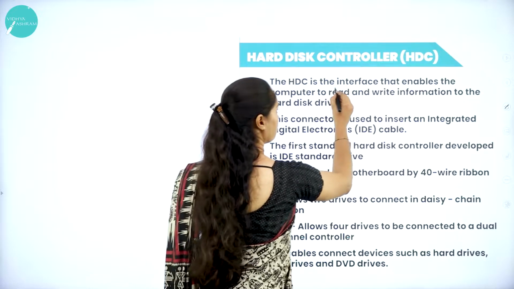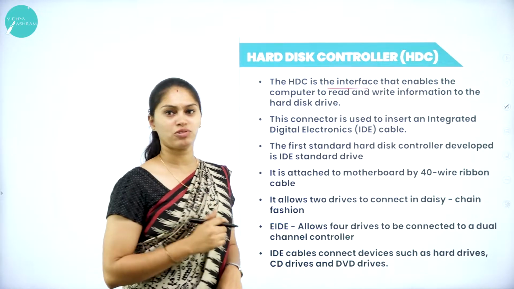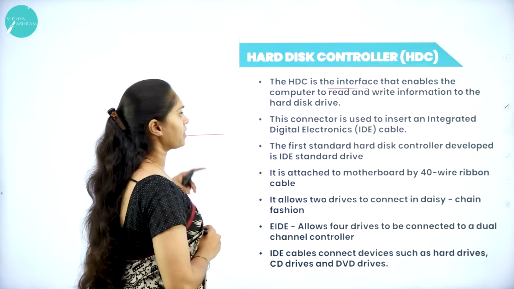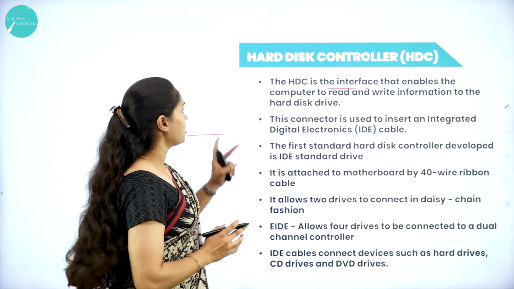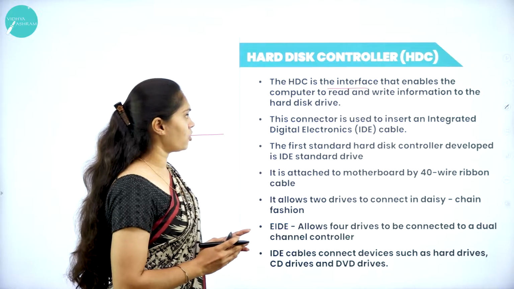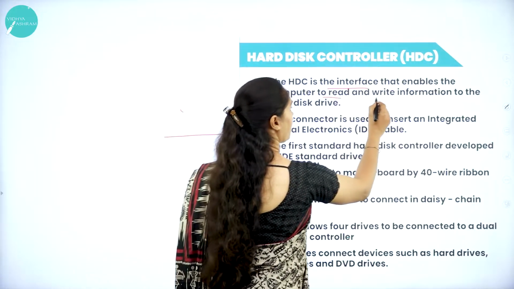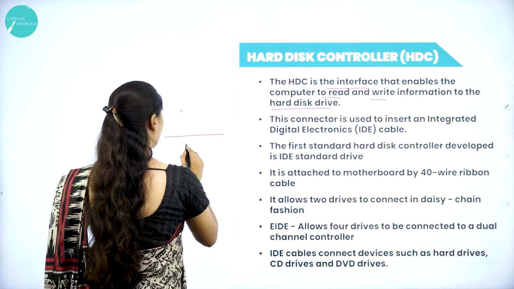It is an interface, which means there will be some medium between the computer system and the hard disk drive. The HDC, or hard disk controller, is an interface that enables computers to read and write information to the hard disk drive.